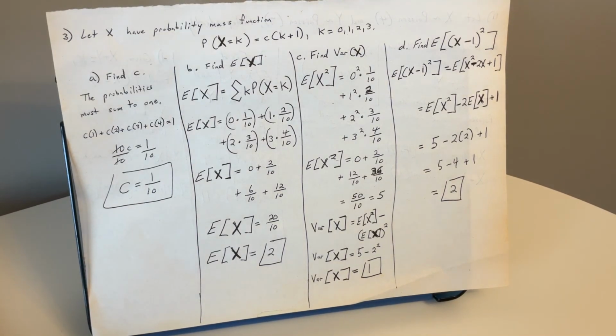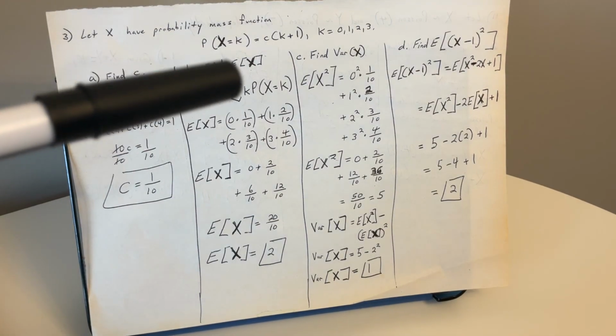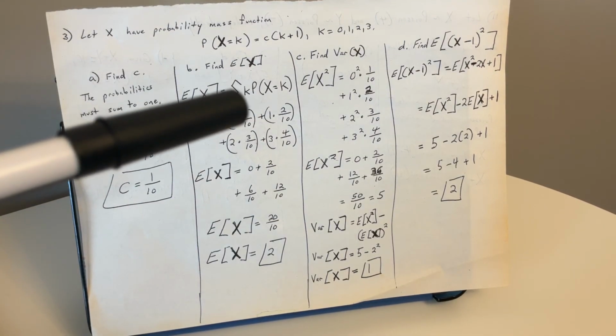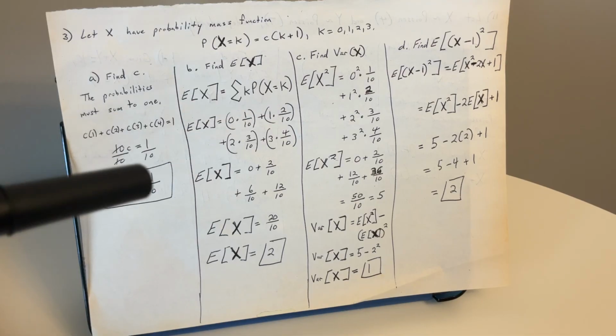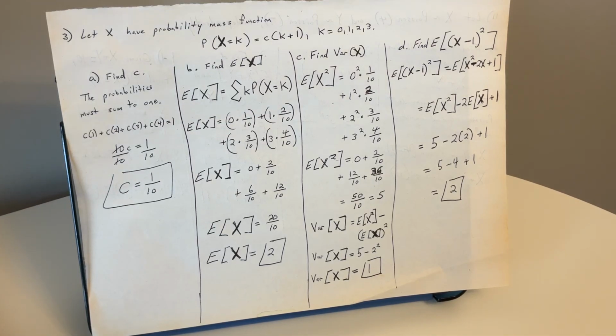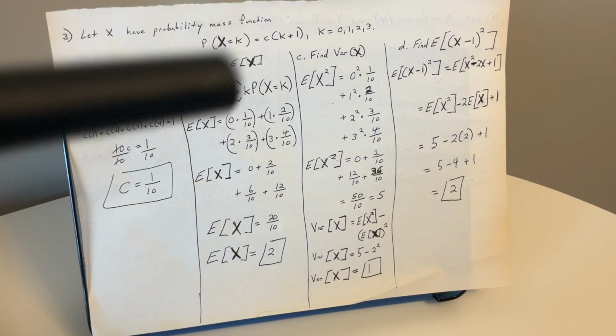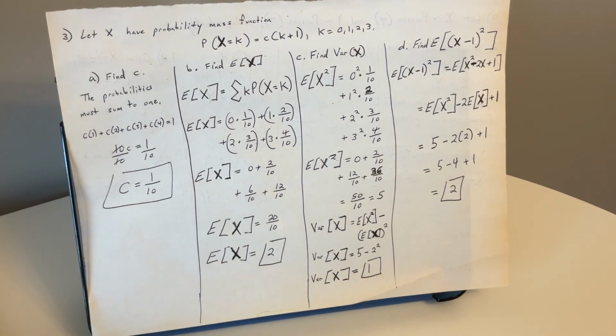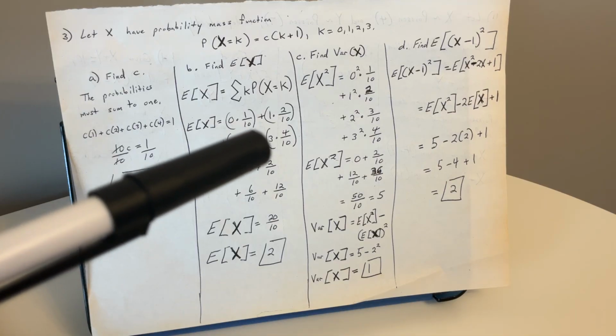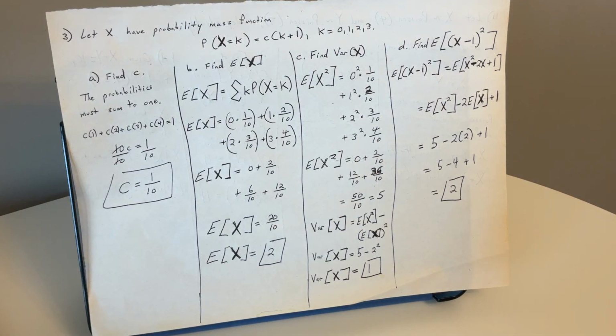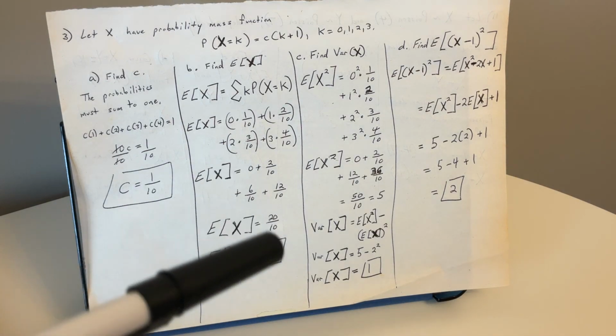Letter B, find the expected value. The expected value is the summation of k times p, where X is k. So it's 0 times 1/10 plus 1 times 2/10 plus 2 times 3/10 plus 3 times 4/10, and that reduces to 2.